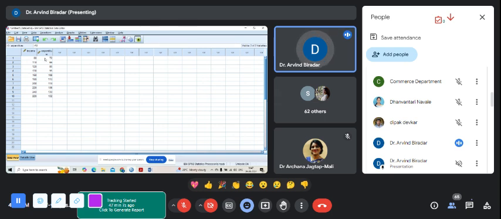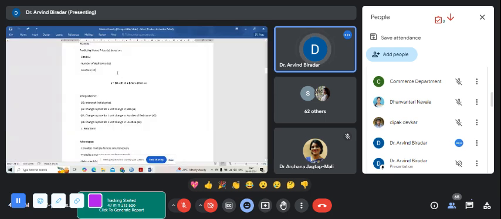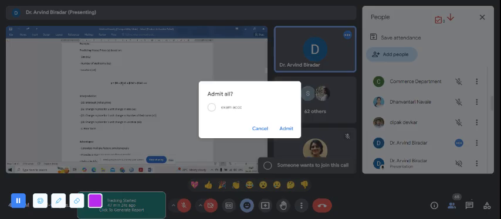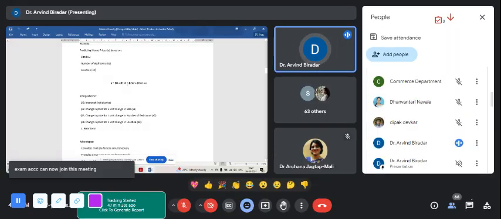Beta means the coefficient value, the slope coefficient. So I'm taking the single one: beta naught plus b1 into x. Only one variable is there. One is the dependent variable, and the second is the independent variable.